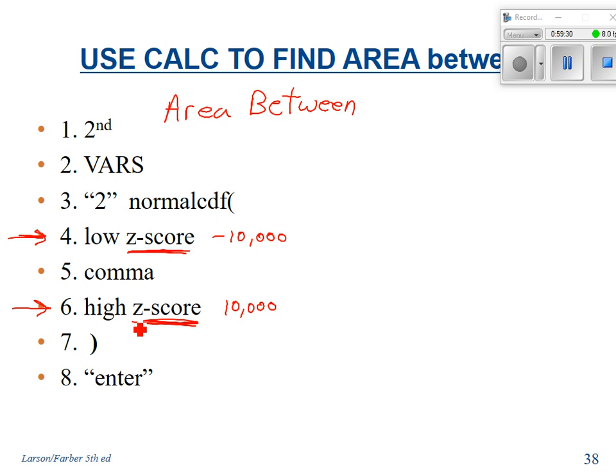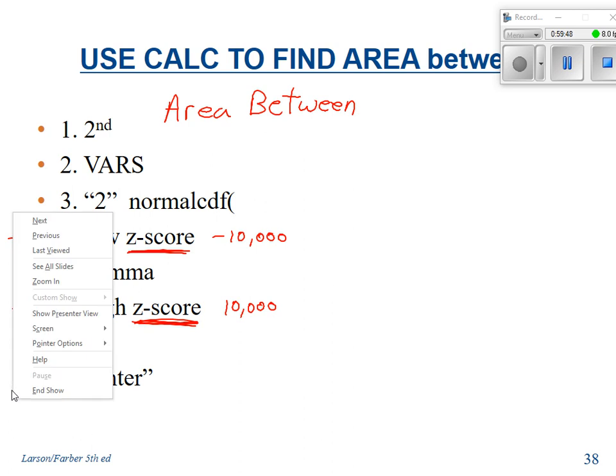So before you can punch in any numbers, you got to change that raw score into a z-score. A lot of times on the problems that we do, they'll have already changed them to a z-score for you.